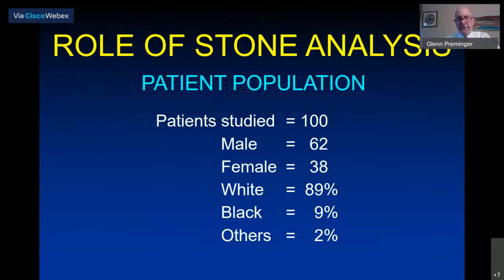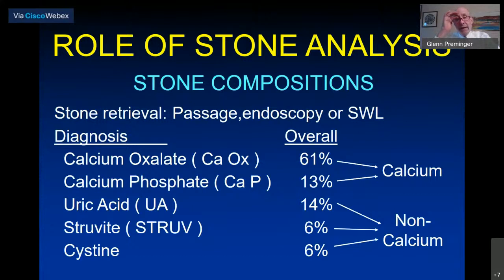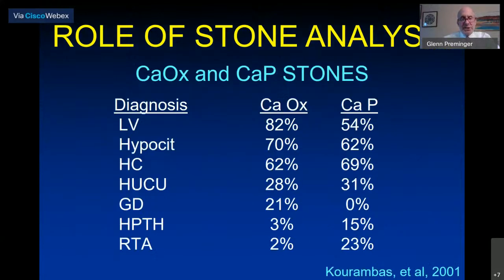The majority of these, 90%, were white, and only 11% non-Caucasian patients. And what we found when we looked at the overall stone composition in these 100 patients was that 74% of them had calcium stones and 26% non-calcium stones, which goes along with what we see in all the large epidemiologic studies.